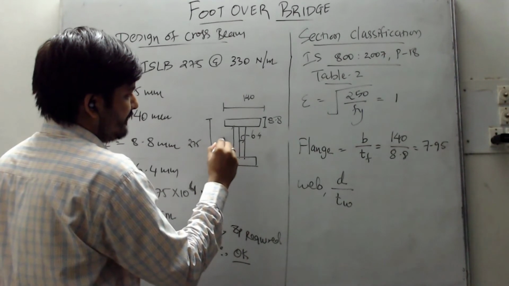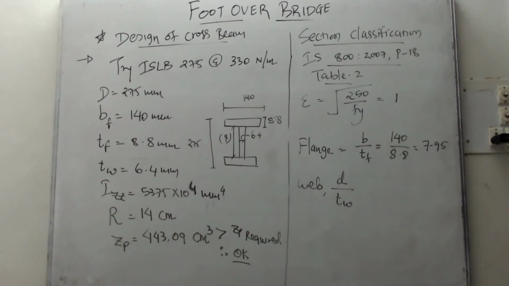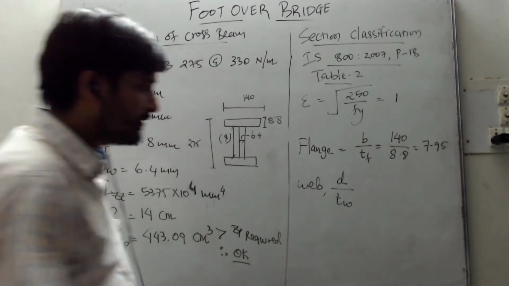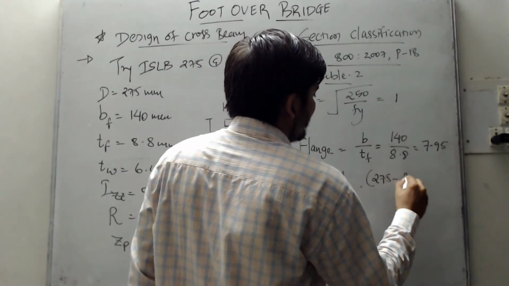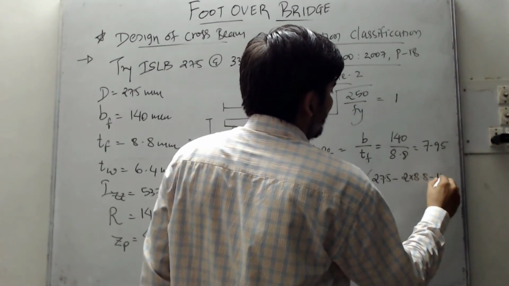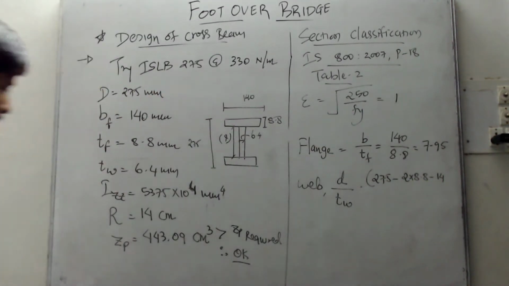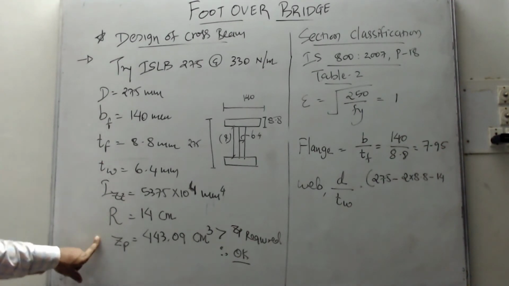So it will be 275 minus 2 into 8.8 minus 14, where 14 is my root radius R, and this again multiplied by 2. Why we do this?